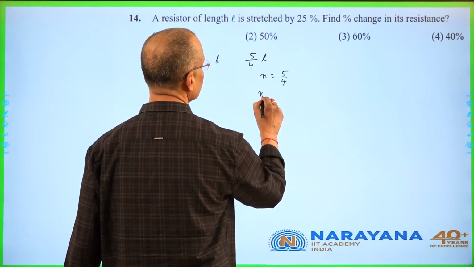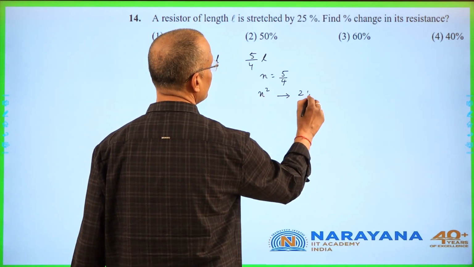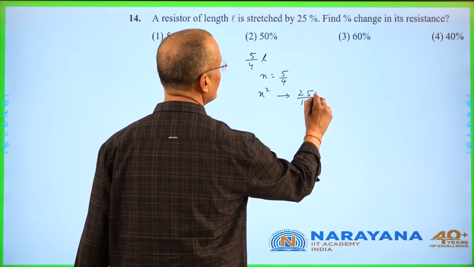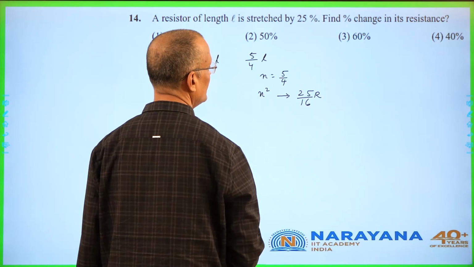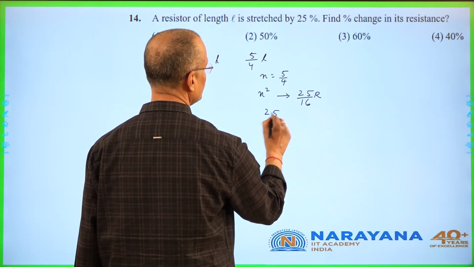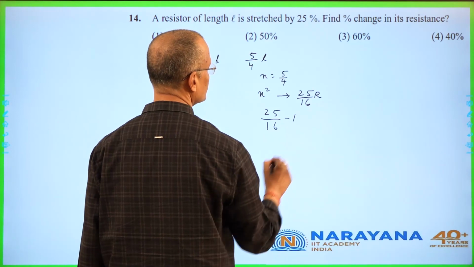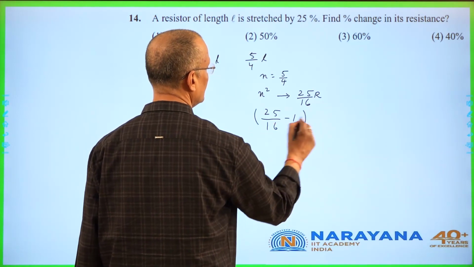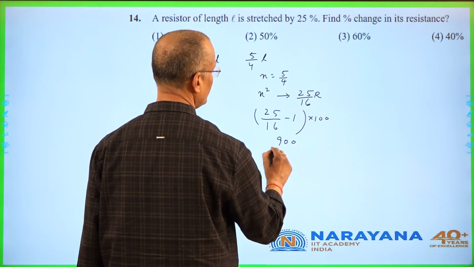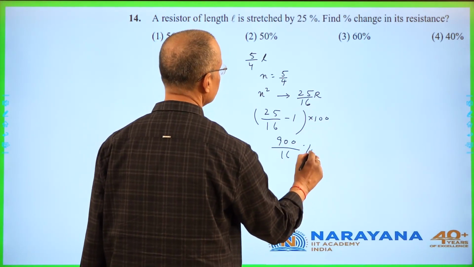So n squared times means 25 by 16 times R now. They are asking you the percentage change. So percentage change means 25 by 16 minus 1, into 100. So it will become 900 by 16%.